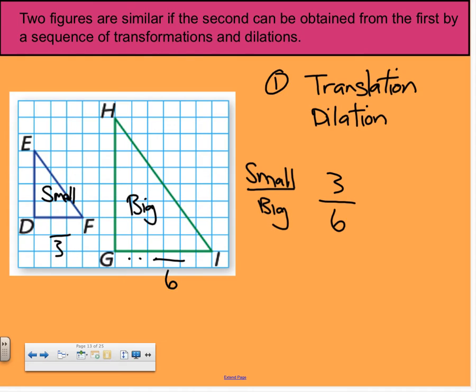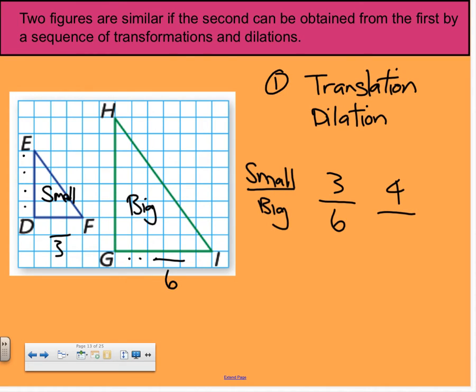Now, someone mention another side of the triangle, please. Let's go with this triangle. DE. So we got side DE, which is 1, 2, 3, 4. All right, and that's the small triangle, so we're going to put that on top.